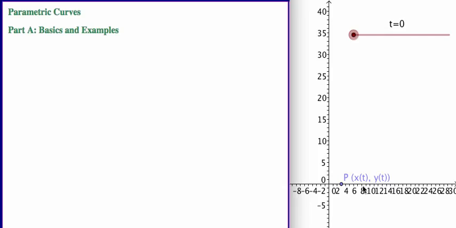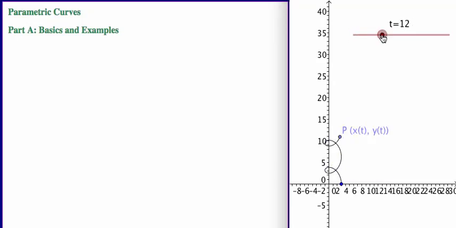As time changes, and I'm going to animate that by moving the slider here, as we increase from time 0, this particle is going to move around, and by moving around, it kind of traces out a curve. And that is what a parametric curve is. So let's look at what this particle will do. I'm going to increase time, and as time increases, notice the particle goes looping up the y-axis.